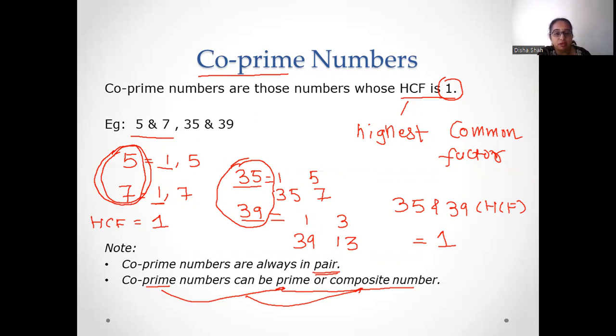Why? Because nothing is common between them. इनमें कुछ भी common नहीं है. ठीक है, except 1 nothing is common and hence they are called co-prime numbers.